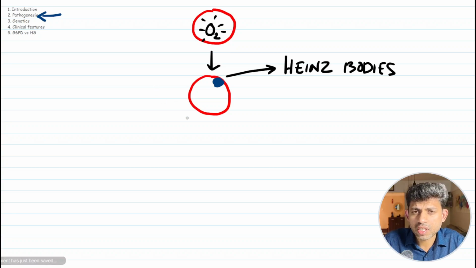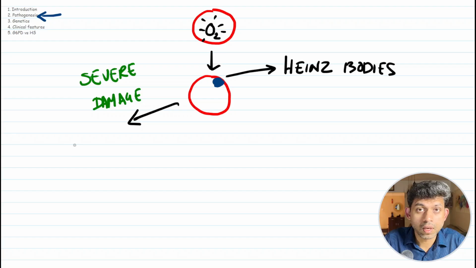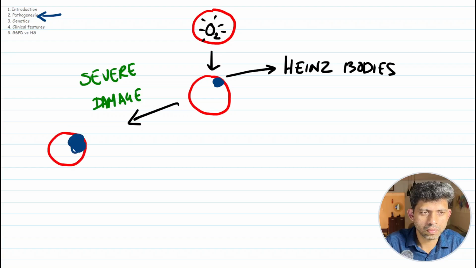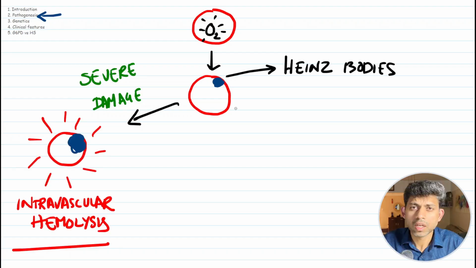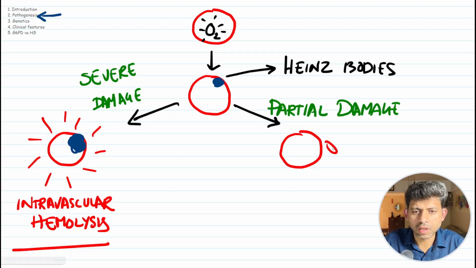If the damage is severe, RBCs burst inside the blood vessels, causing intravascular hemolysis. Now, if the damage is partial, RBCs lose their membrane, and just like in hereditary spherocytosis, they become small, dense spherocytes.